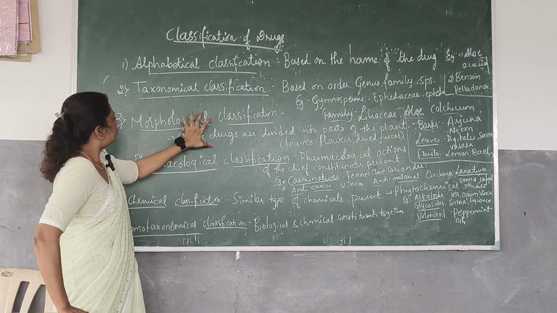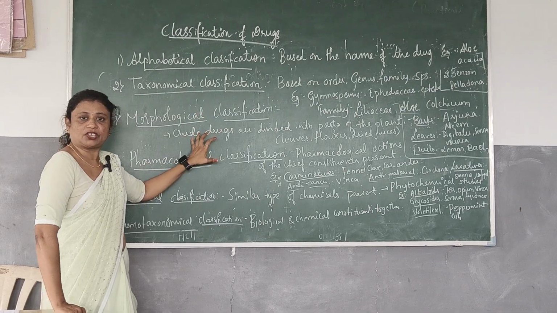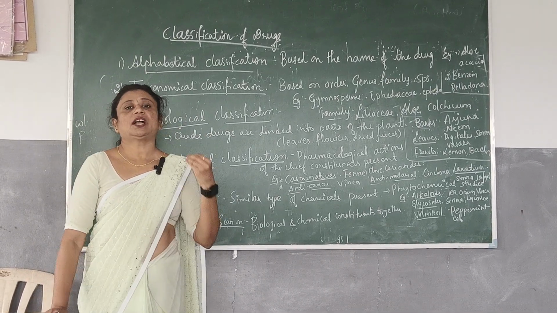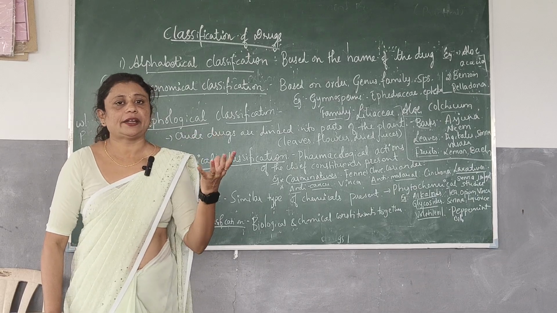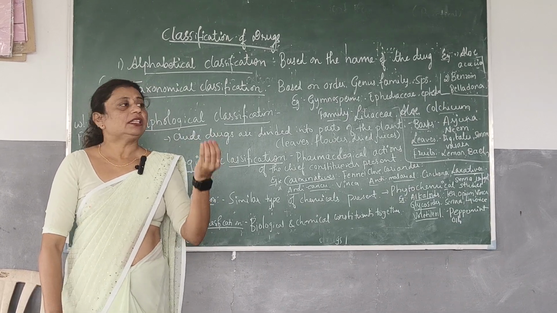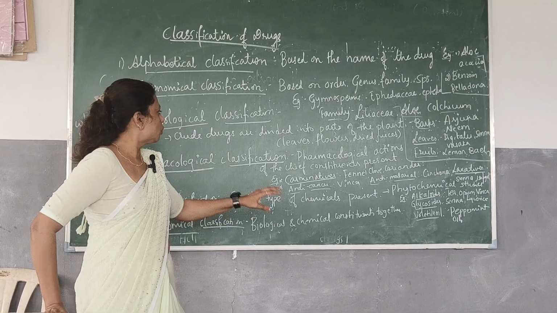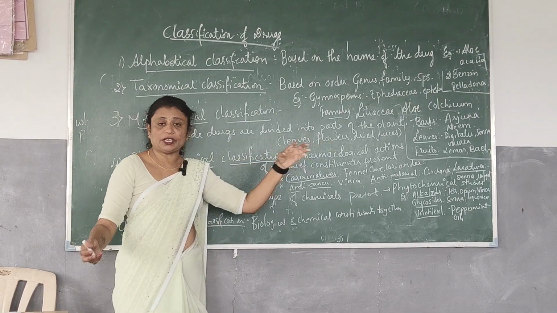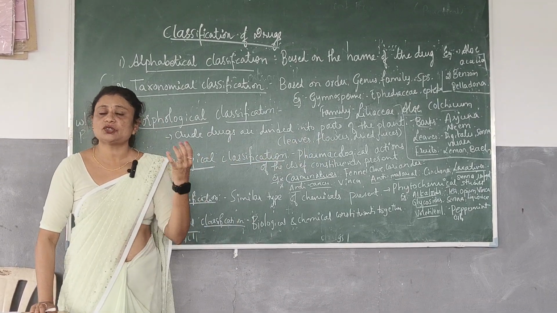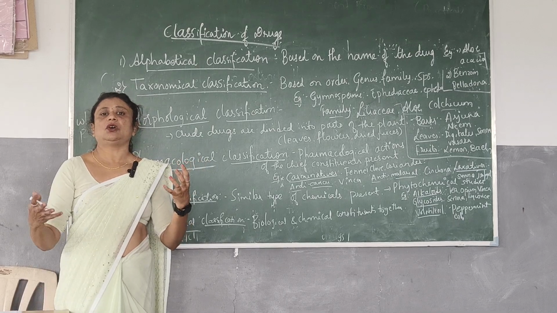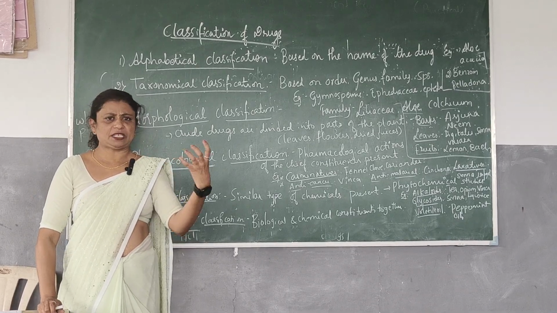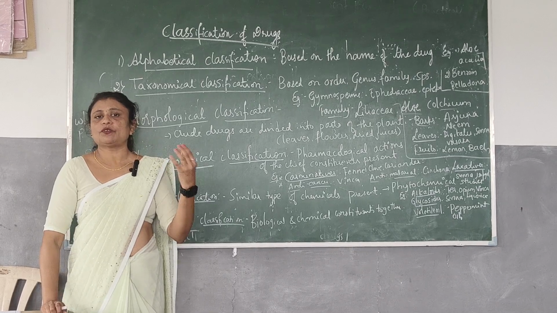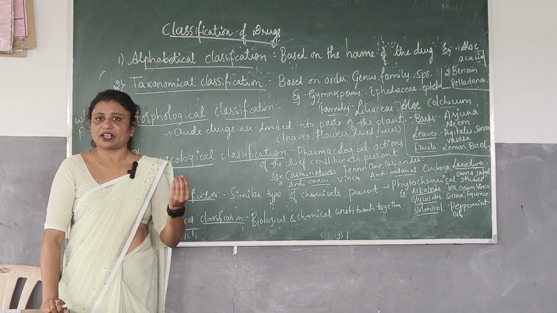Next, coming to the morphological classification. Morphological classification is nothing but the drugs being classified based on color, odor, taste and shape. As I told you, it is dependent on the sense organs, the organs which can sense. Eyes are a sense organ, with which we can see the color of the drug.